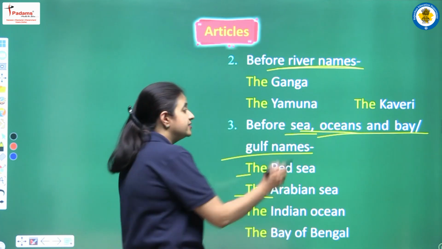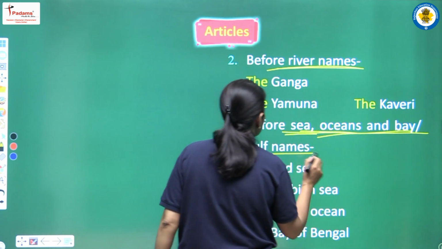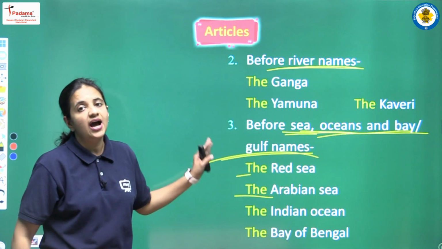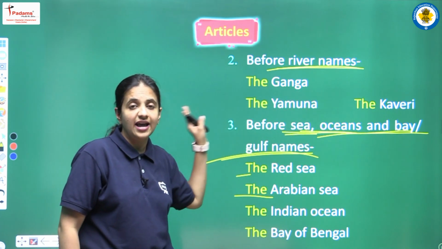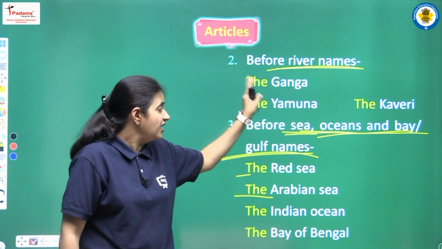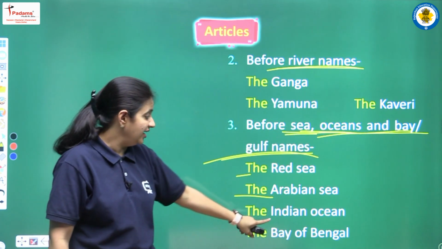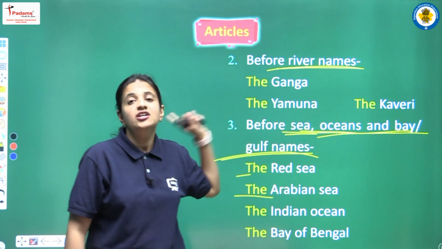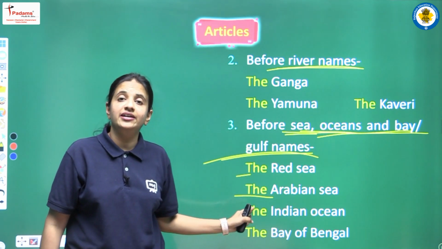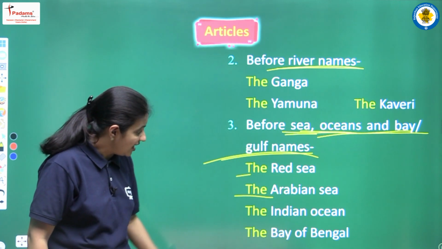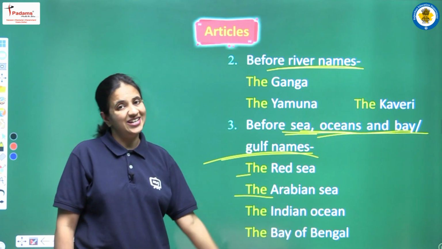So yes, sea, ocean, bay and gulf are the categories in this point. If we have any of these, then we can use the article. The Indian Ocean is an ocean, so we have the article. Next, the Bay of Bengal.